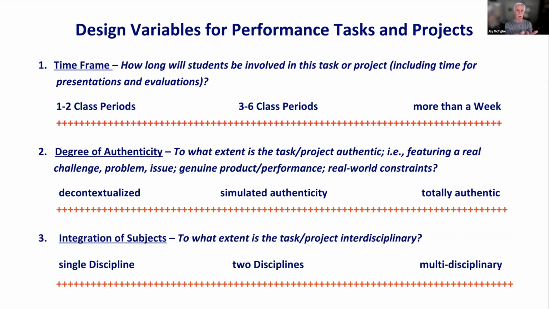So whether it's written or oral or multimedia, you're integrating the communication arts and English language arts with one subject area. And then we can have typically longer term projects or richer performance tasks that in fact are multidisciplinary.